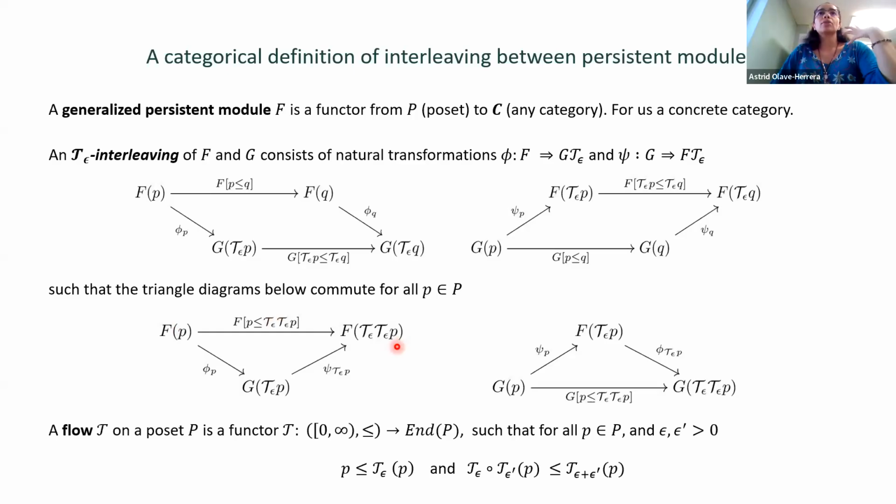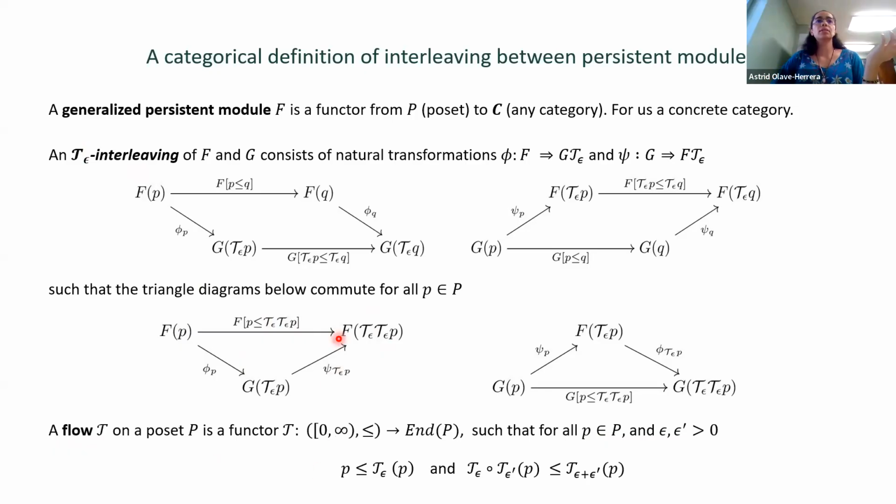So if you want to have an interleaving, you want these 4 diagrams to commute. And I say epsilon interleaving, but actually it's a T epsilon interleaving because we're using a notion called flow. This was defined by de Silva, Elizabeth Munch, and Anastasios Stefanou, and it's a way to generalize interleaving to any category.